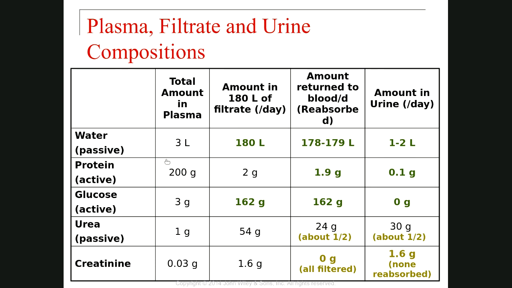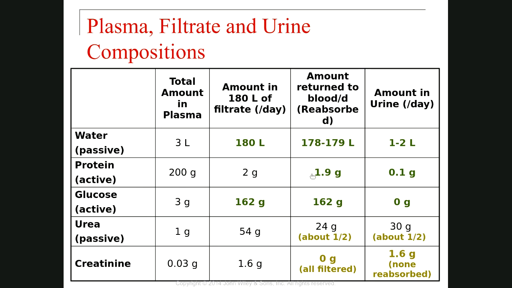The amount of protein in the plasma is about 200 grams. You know that proteins are large and they cannot easily pass through the filtration membrane. So we have only about 2 grams of protein each day which becomes filtered.